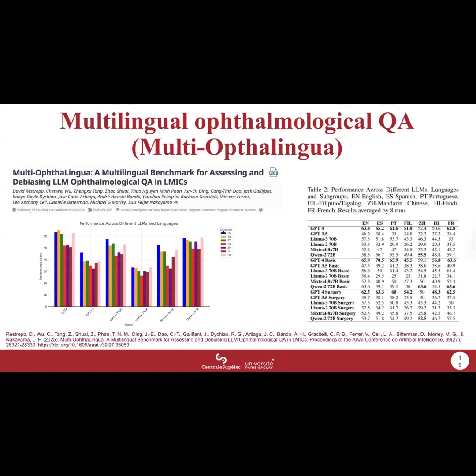Basically, the blue bar is English. And usually, in all the cases, other languages like Spanish and Portuguese maybe are well represented on the internet, and then they are also well represented for GPT. But other underrepresented languages like Mandarin, Filipino, Hindi are not well represented, and the performance is usually decreasing a lot.